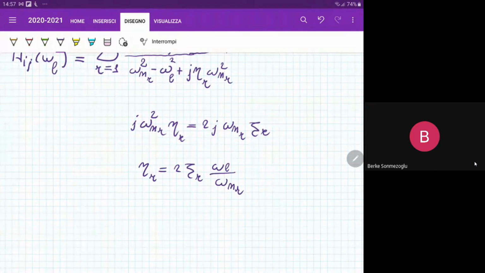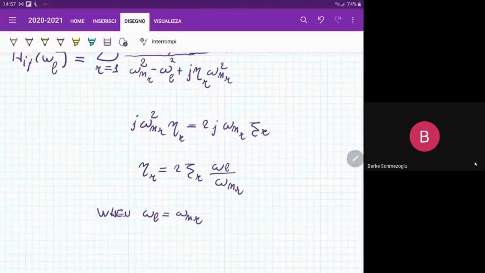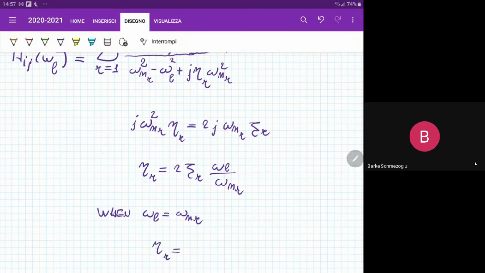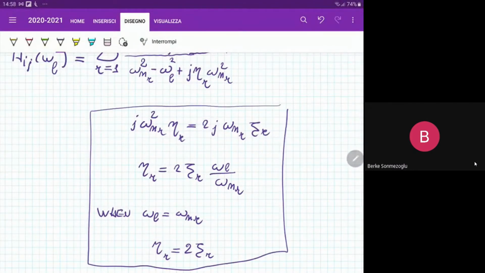When omega, the actual running frequency, is equal to the natural frequency of the system, then what we can say is that the damping factor is just equal to twice the damping coefficient. Okay, so this is a brief remark on the usage of these two representations of the damping mechanism.